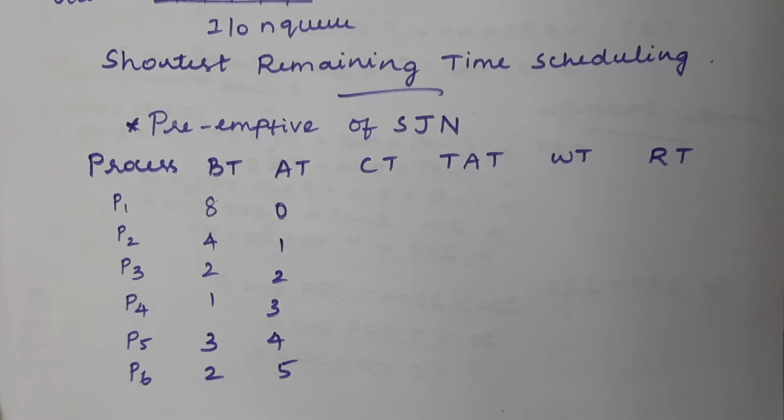We have one more kind of scheduling which is very similar to shortest job first, which is shortest job next. In shortest job next, this scheduling is followed in an interactive environment. In a batch environment, we do the scheduling of shortest job first. So this is actually the difference, nothing more than the difference.